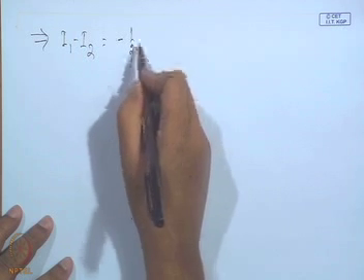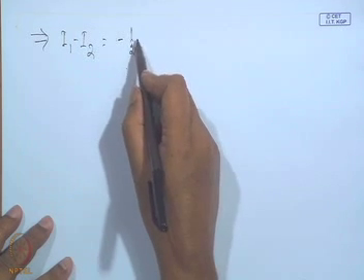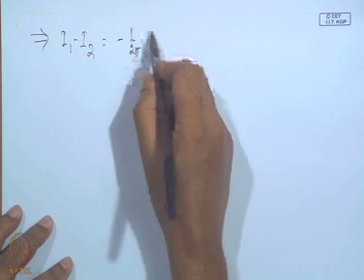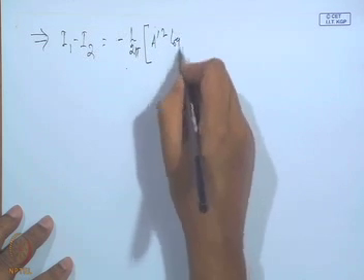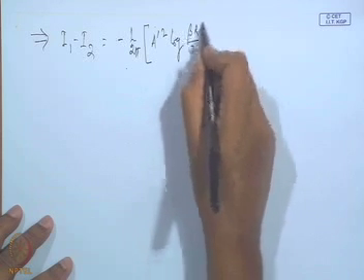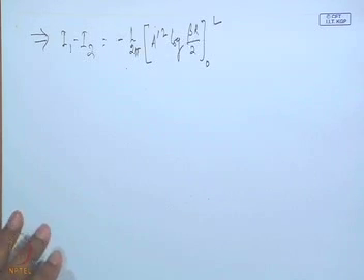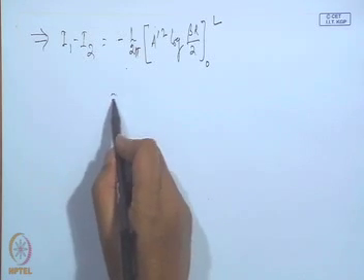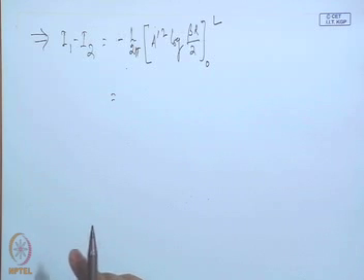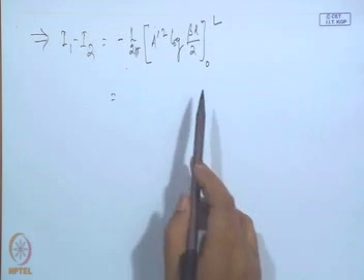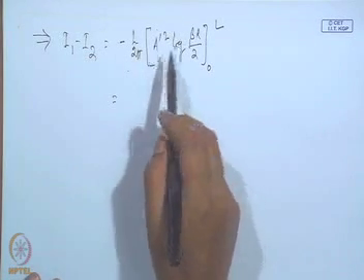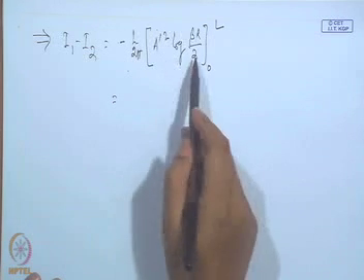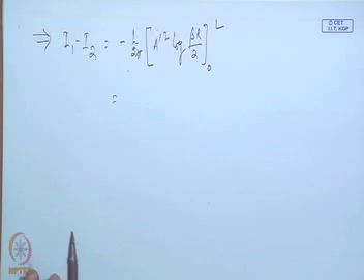Minus 1 by 2 pi, a prime square log of beta r by 2, 0 to L. Now, since we are considering bodies with pointed nose, at 0 it becomes 0. So, it remains only the Hilbert term.